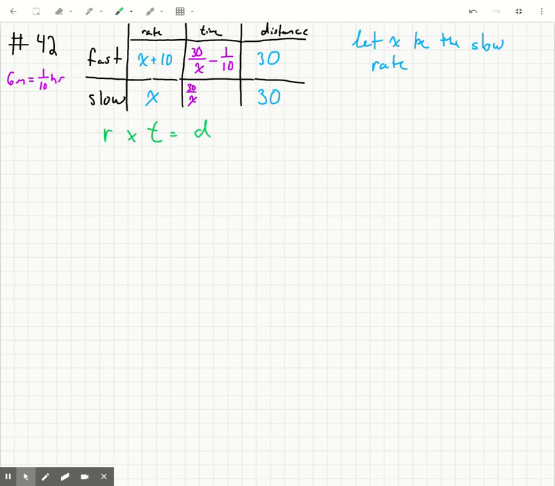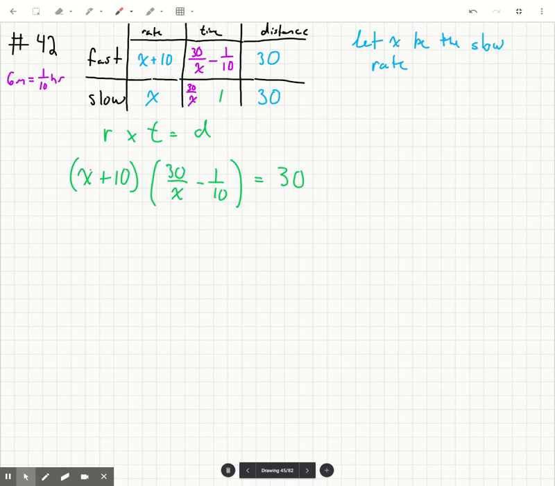So here we have the rate, which is the slow speed plus 10, so X plus 10, times the time, which would be the slow time minus 1/10 of an hour, which is 6 minutes. So 30 over X minus 1/10 is equal to 30.